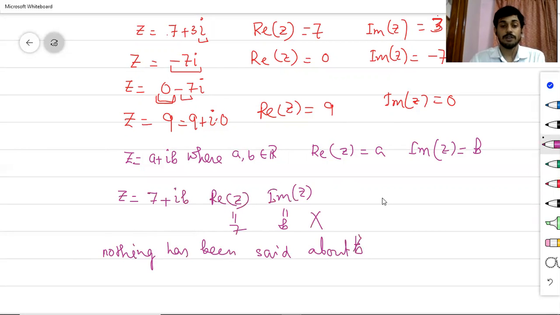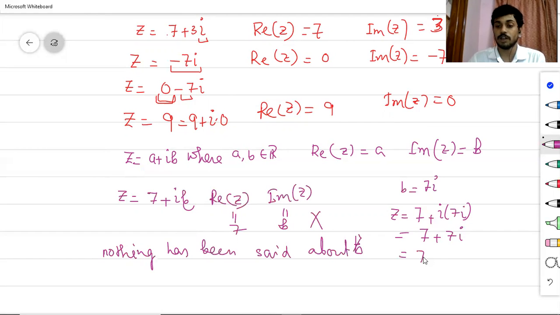Why so? Because suppose I take b equals 7 iota. That means z equals 7 plus iota times 7 iota, so 7 plus 7 iota square, which is 7 minus 7, that is 0. So if you take b equals 7 iota, the z value will become 0.